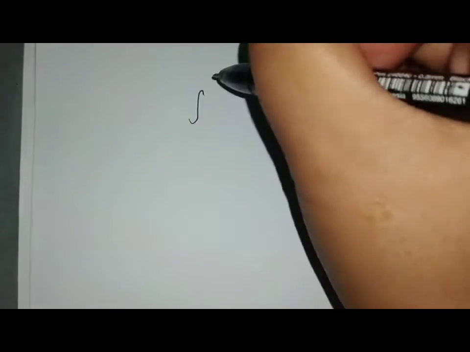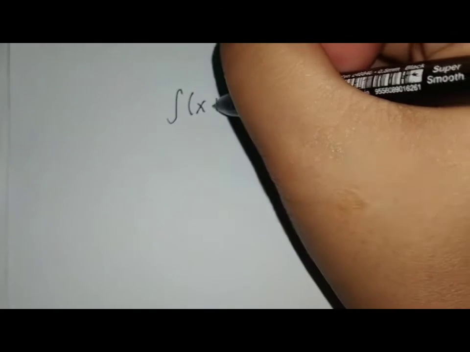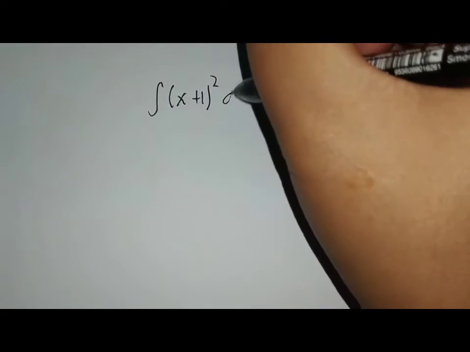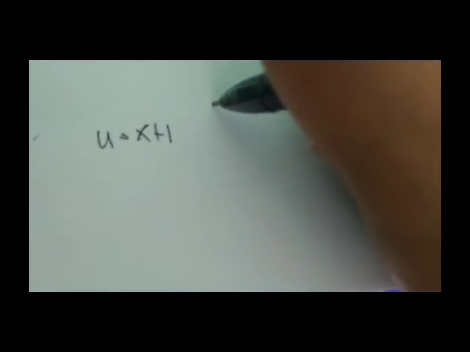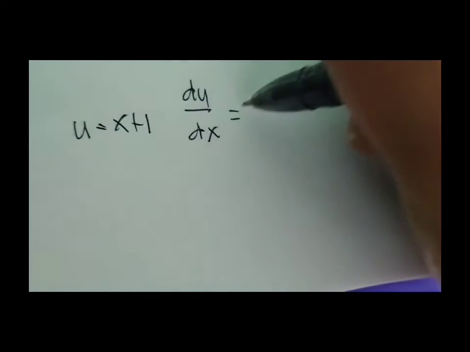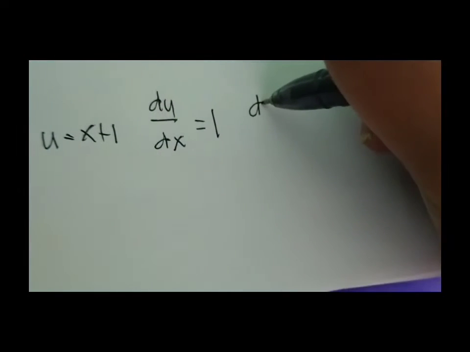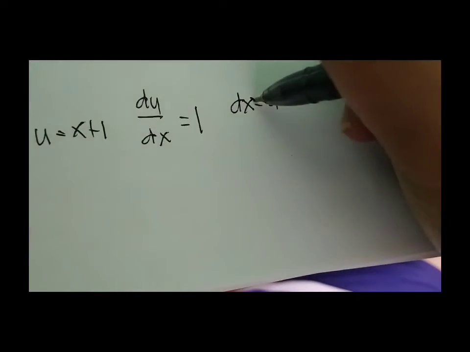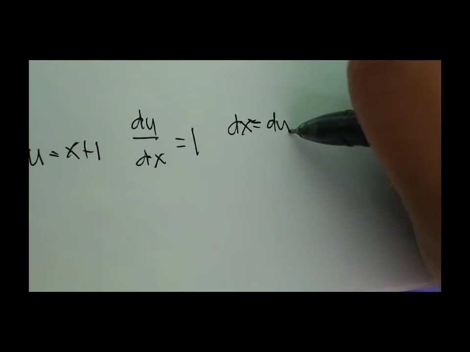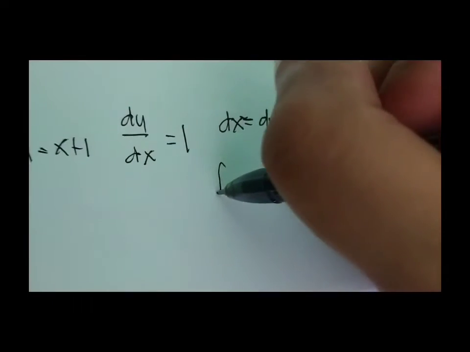And now let's solve first the integral (x plus 1) squared dx. Let's do substitution. u equal to x plus 1, so du over dx equal to 1, and dx equal to du. And it is integral u squared du.